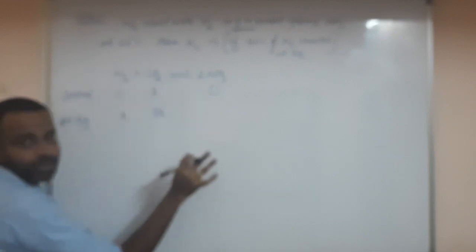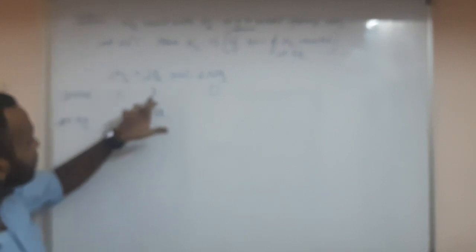So here, at equilibrium, how much N2 is reacting? x. How much H2 is reacting? 3x. As I told you in limiting reagent in the previous class, the reaction always happens in proportion. One volume of N2 and 3 volumes of H2 will react and give 2 volumes of ammonia. In that way only we will do numericals. So x moles of N2 react, 3x moles of H2 react, and they will give 2x moles.